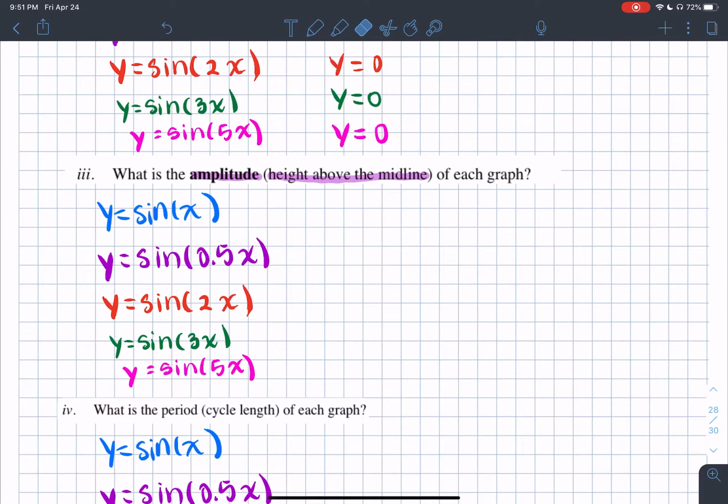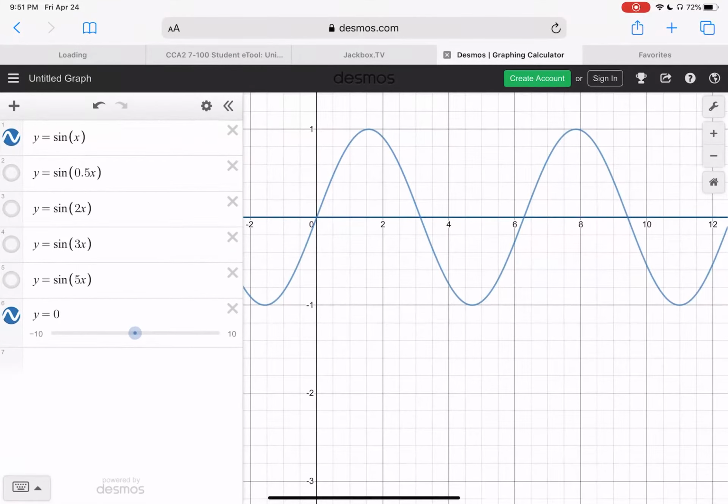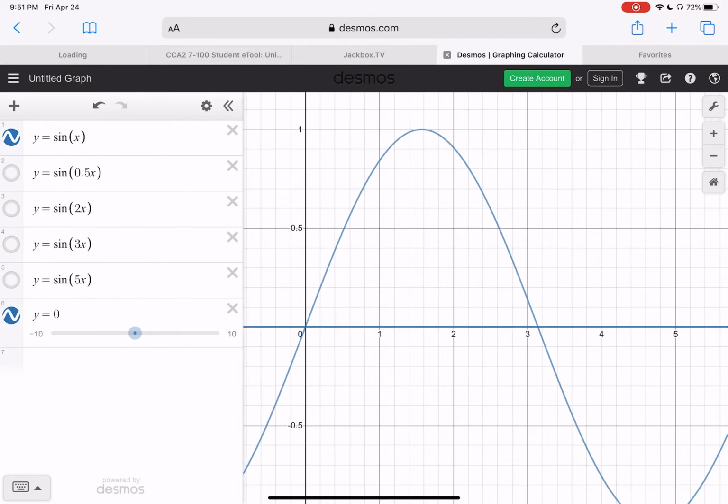Now that you've thought about it, let's talk about it. If we look at y equals sine of x, which we have right here, our midline, y equals 0, goes through here. The highest point above our midline is at pi over 2, 1. Since our midline is y equals 0, that height is from 0 to 1.